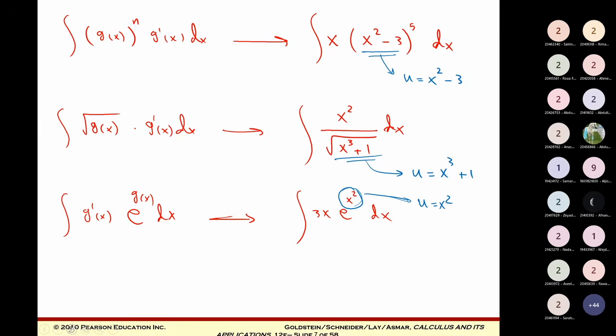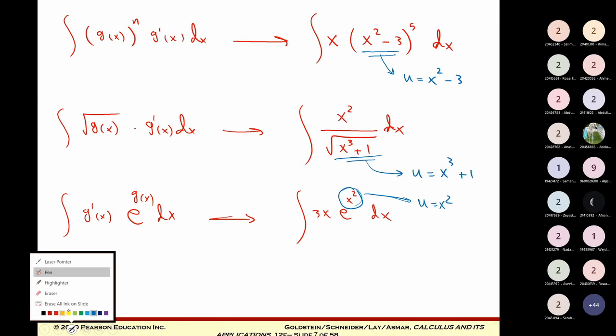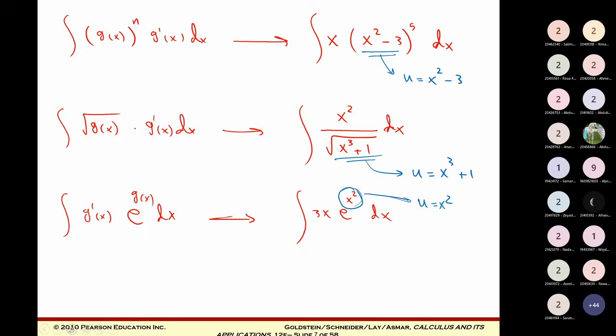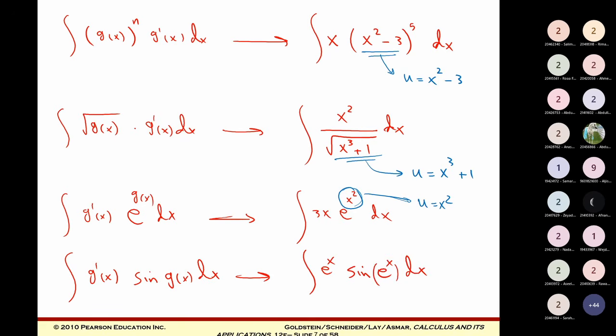Also in sine and cosine, if we have g prime and sine or cosine of g(x) dx, like e^x sine e^x dx, the derivative of the angle we can find outside the sine.